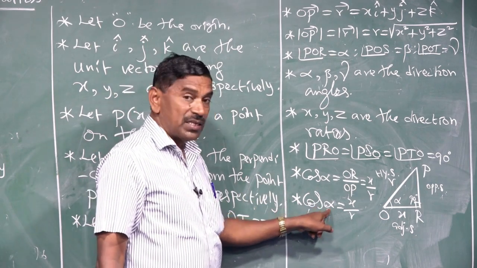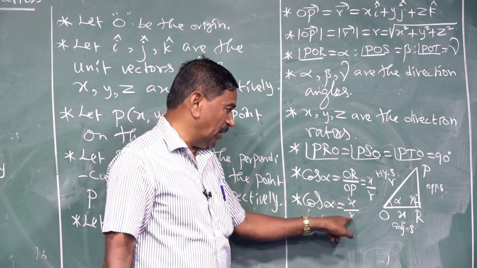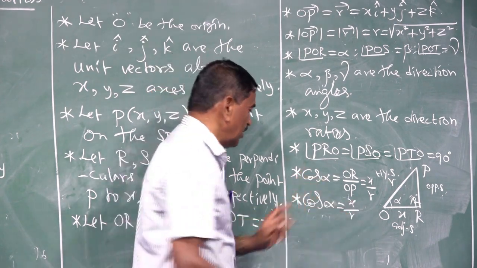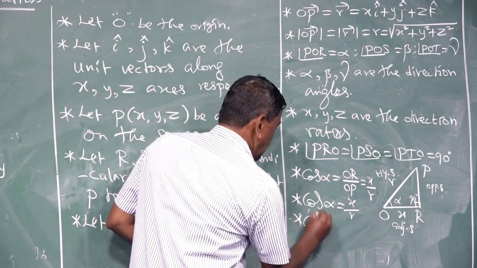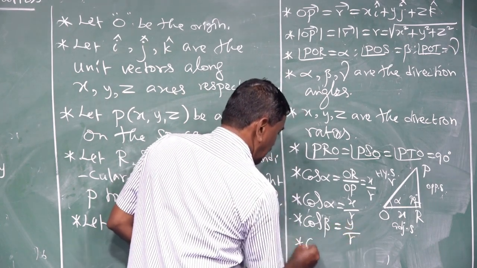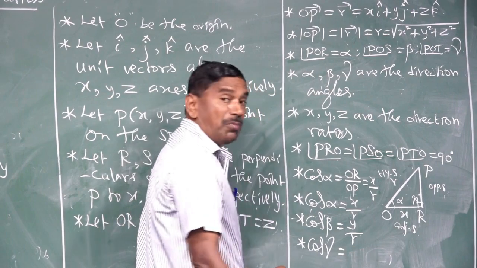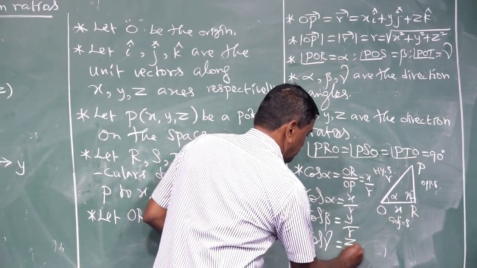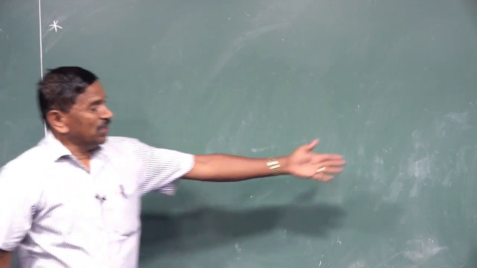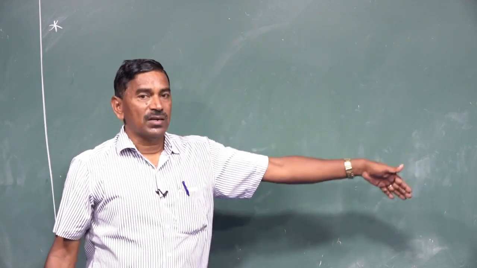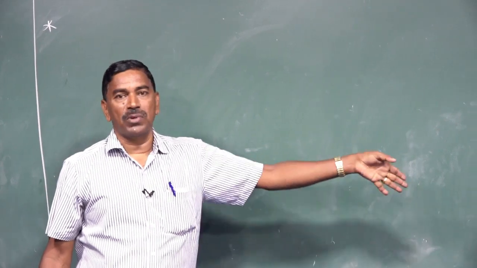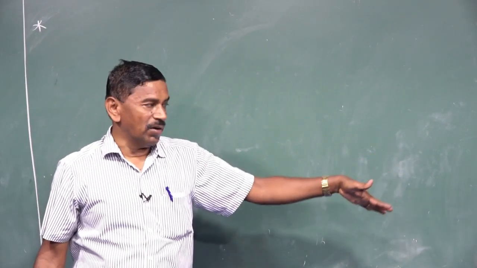Similarly, cos beta is equal to y by r, and cos gamma is equal to z by r. We know that cos alpha is x by r, cos beta is y by r, cos gamma is z by r.